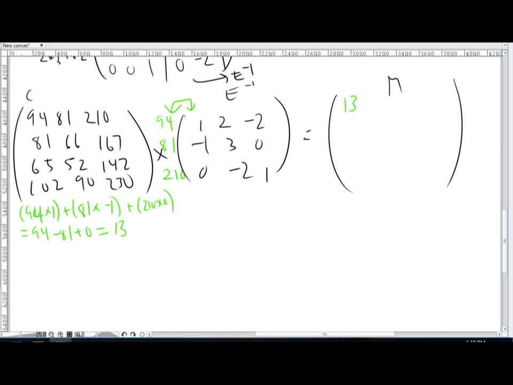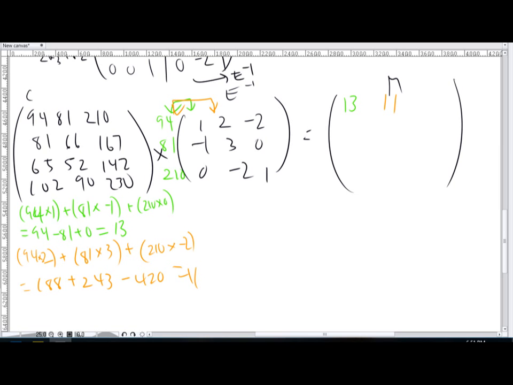Then we do the same for column 2. 94 times 2 plus 81 times 3 plus 210 times negative 2 is equal to 188 plus 243 minus 420, which is equal to 11.